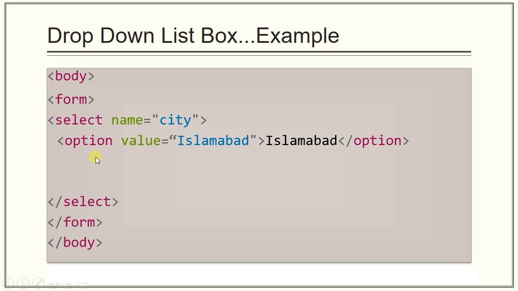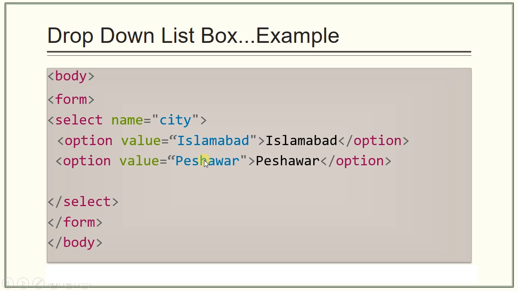So this is the first option, its value is Islamabad. This value is forwarded to the server when the form is submitted, and this text appears for the user in the browser. This is the second option, its value is Peshawar, and the third option has the value Kohat.